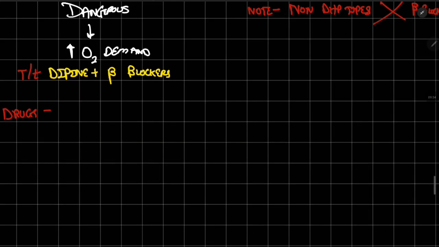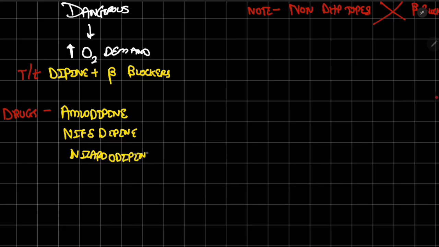The names of the drugs coming under DHPs are amlodipine, we have nifedipine, then we have nicardipine, then we have clevidipine. And lastly we have nimodipine.